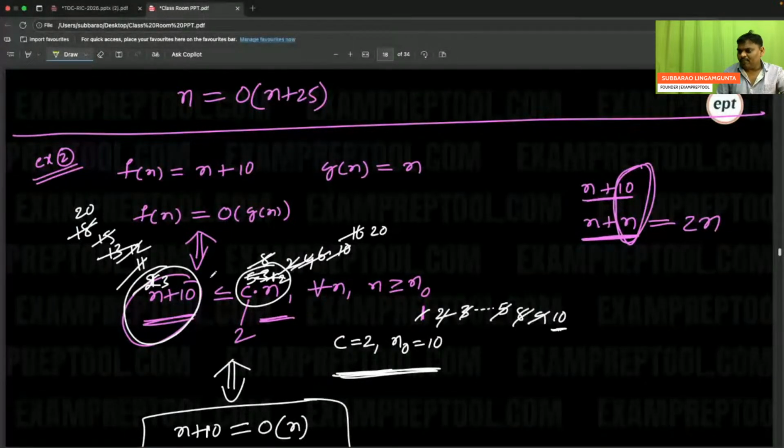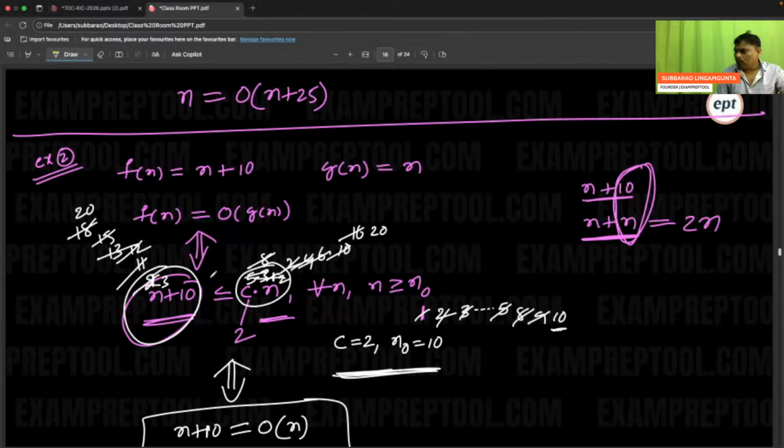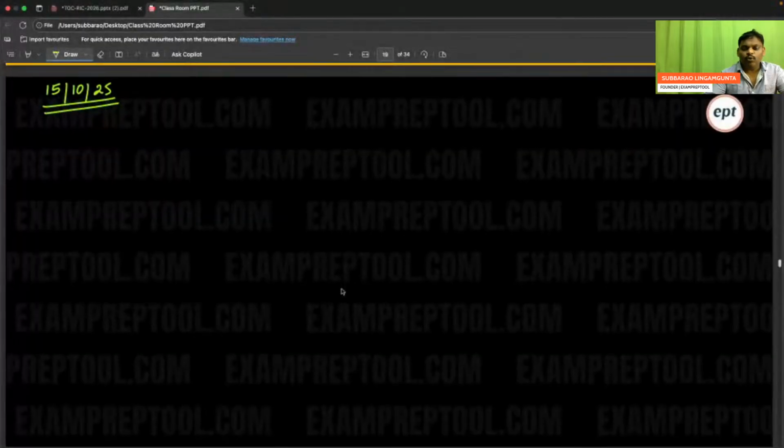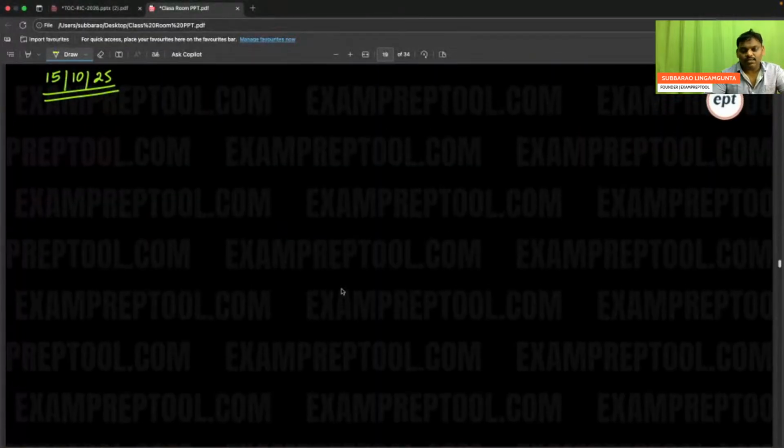So left is n plus 10, right is n plus n. So c value 2 will work. What is n0? I have to start checking from 1 onwards. I verified that it is working from 10 onwards. So I am able to find 2 constants where right is bigger, so big O is possible. To get more clarity, in today's class you will see that.